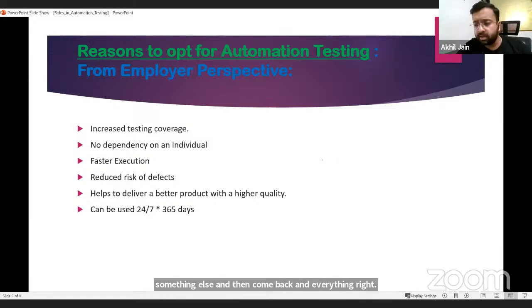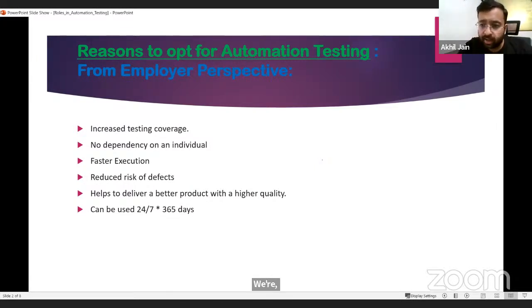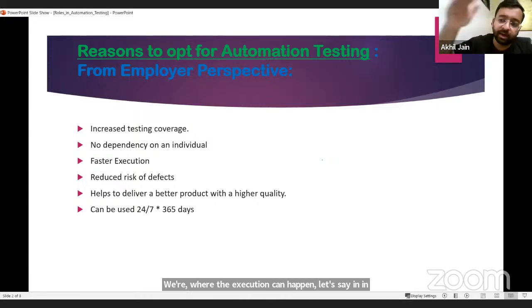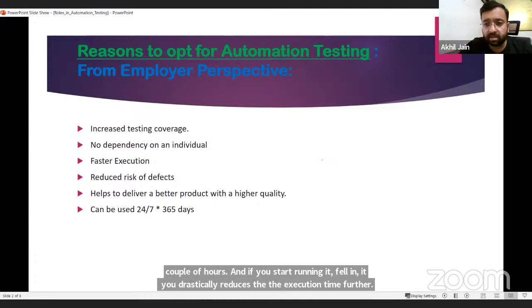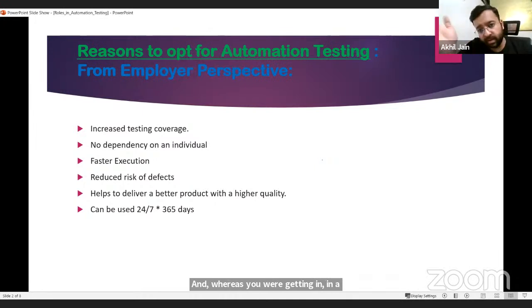But with respect to automation, that is the benefit which the project gets, where the execution can happen in, let's say, a couple of hours only. And if you start running it in parallel, you drastically reduce the execution time further. Whereas you were getting a clearance or an output report after 7 hours, you are able to get that report earlier, let's say in half an hour or 1 hour.